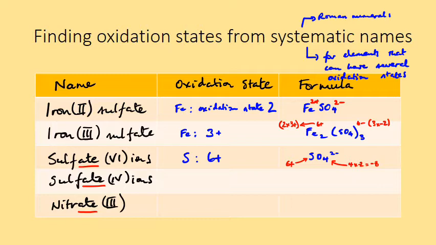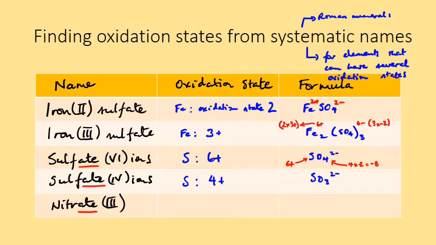So by the same token, the sulfate 4 ion is going to have a sulfur atom in it with a 4+ charge on it, or a +4 charge on it. So in which case this is going to be the SO3 ion. It's also 2-.